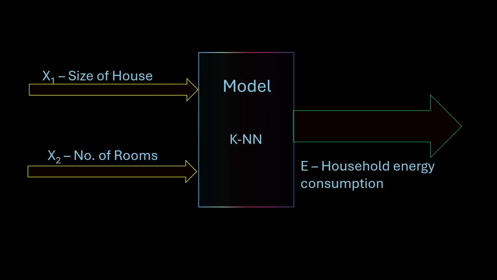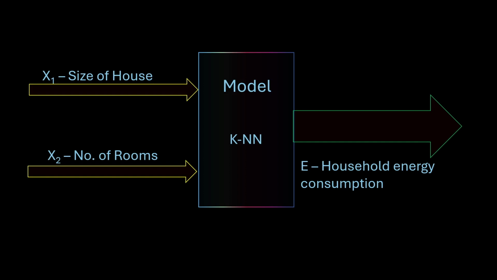So what we do is we have our information that we've gathered, that's the data set, and now we have a new data point. So we have some size of the house and the number of rooms, and we want to use our model that we've trained using the information we gathered to estimate, if we just have a random house that we find, what is the household energy consumption, which is what we want to predict.